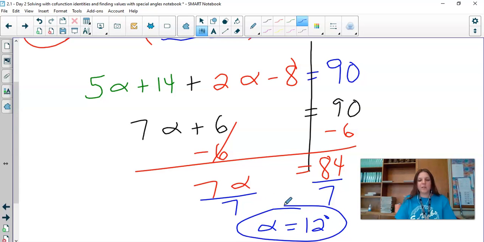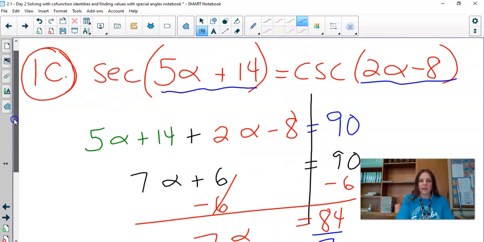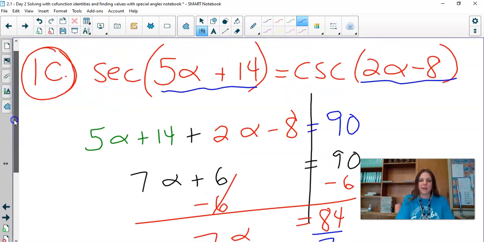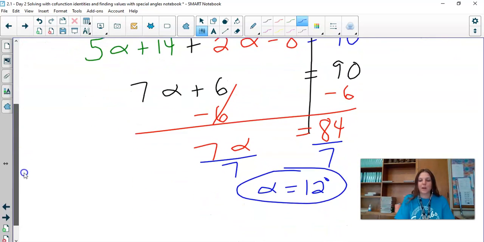If you did it correctly, you should have gotten 12 degrees. And remember, if you want to, you can always take 12, plug it back into your original angles, and if the two sides add up to 90, then you have your answer correct.